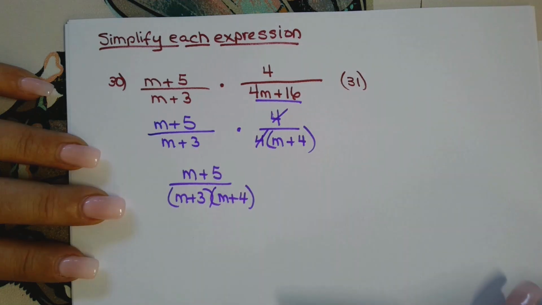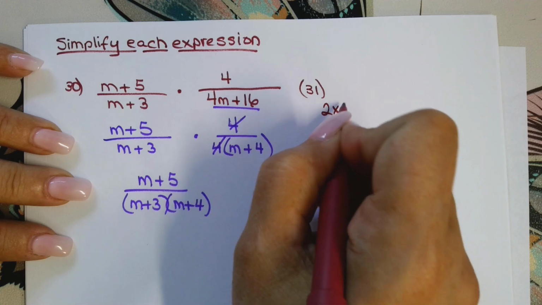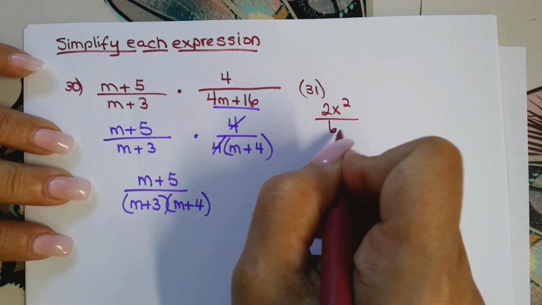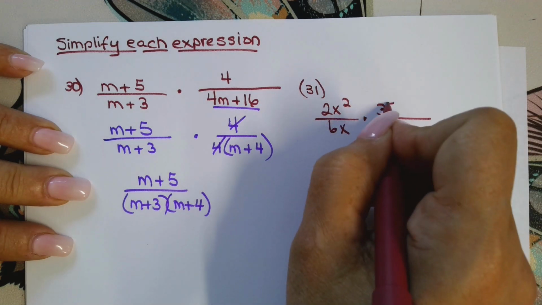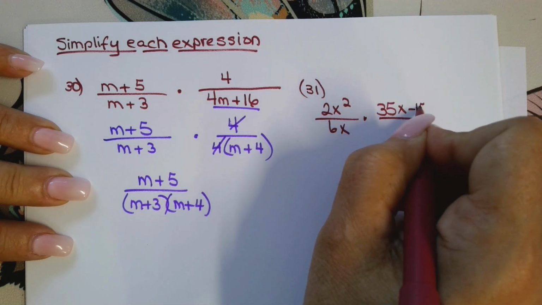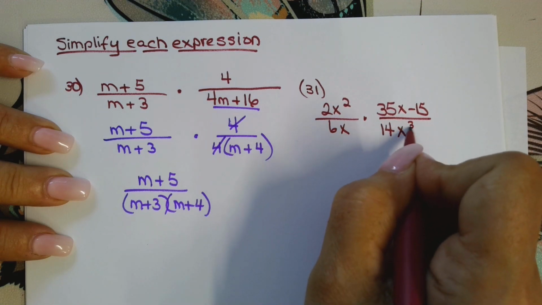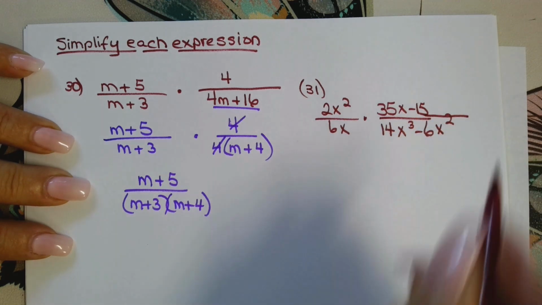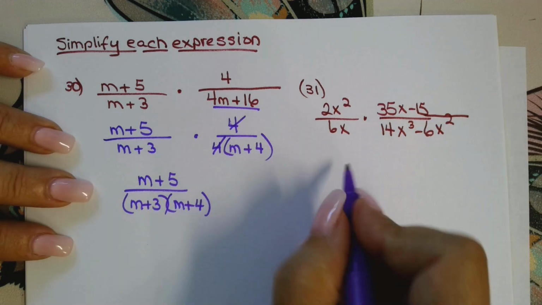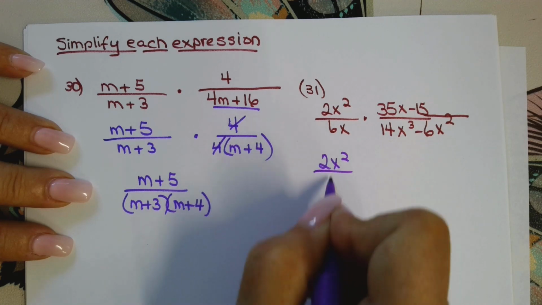Let's take a look at number 31. Here we have 2x squared over 6x, and we're multiplying by 35x minus 15 over 14x to the third minus 6x squared. All right. So let's see, this we can leave here for now.